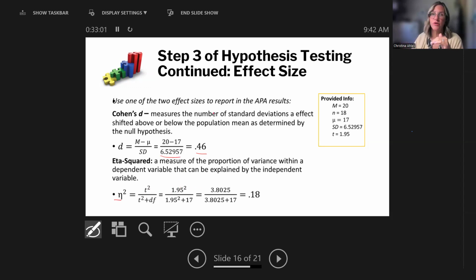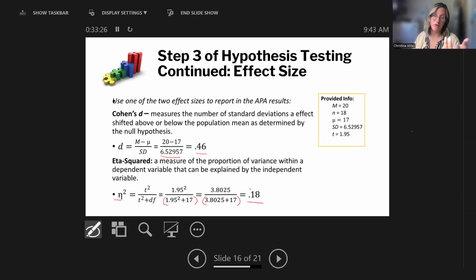Any squared number should not be negative. So 1.95 squared divided by 1.95 squared plus 17. So remember this, I would make sure this is in parentheses when you're calculating that, so you're not accidentally adding 17 to 1. So your eta squared is 0.18.